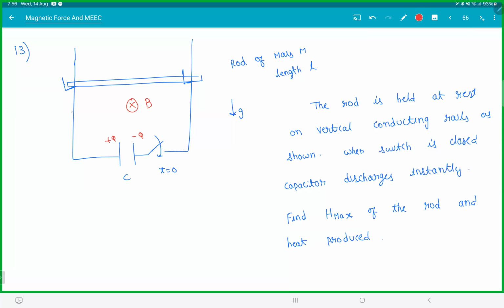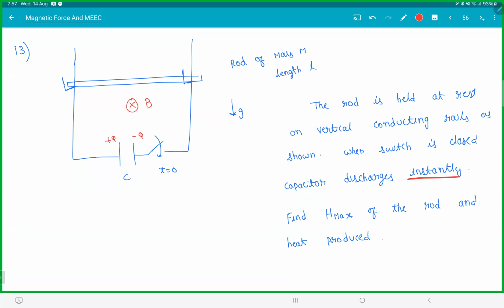If the capacitor discharges, it means there's a current. And if there's a current, there's a magnetic force that is actually moving the rod. So in these kinds of questions, what is the word that should hit you? Can you tell me which word in this question is giving you a hint? Yeah, this word, instantly. Whenever something happens pretty fast, it's an impulse-based question. A large force is given in a short amount of time.